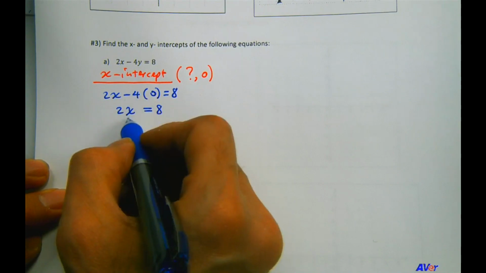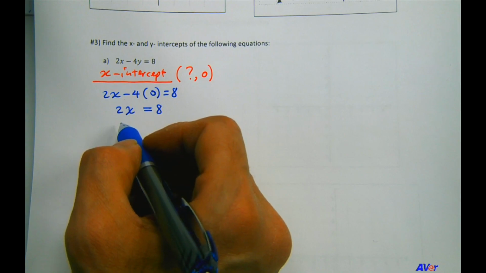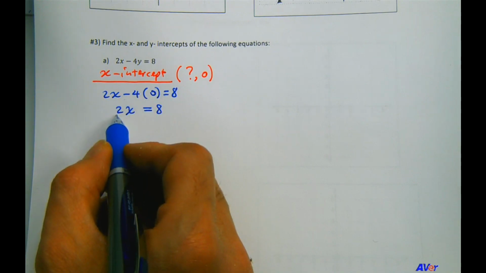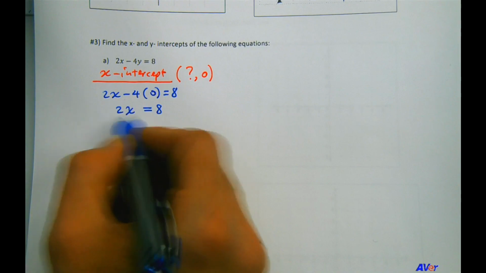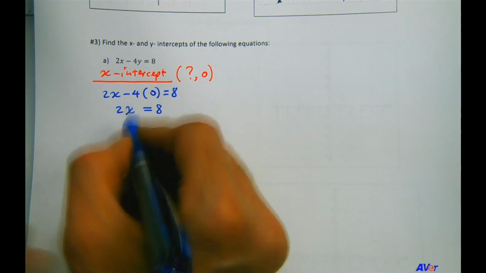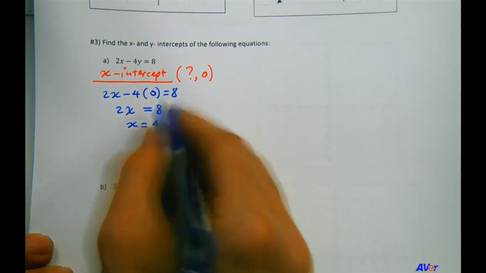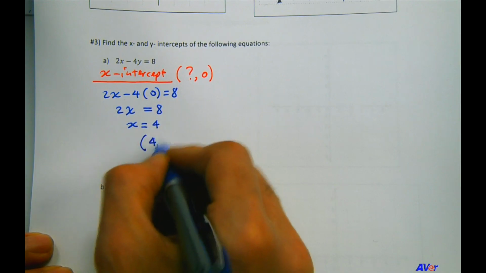Whenever we're solving for a variable, we intend to isolate that variable. Right now, x is not isolated. It's got a 2 next to it. So we've got to get rid of this 2. How do we do that? We divide both sides by 2. And we end up with x equals 4. So what is the x-intercept? The x-intercept is (4, 0).